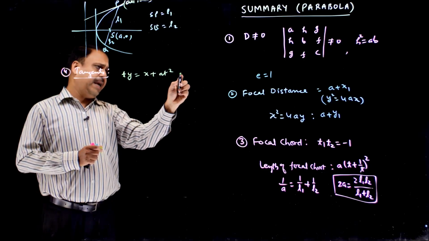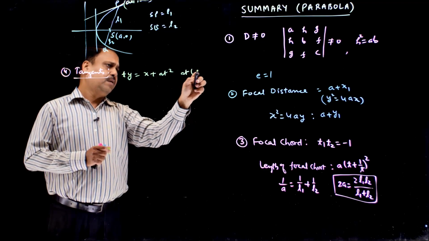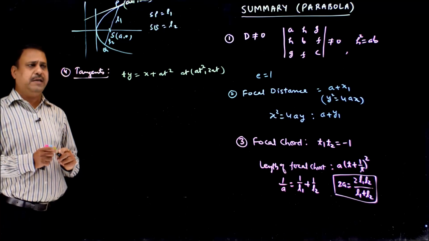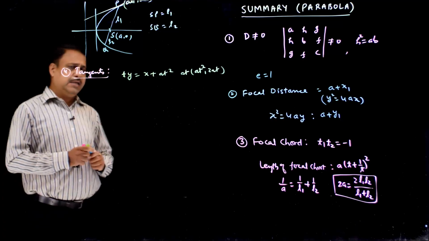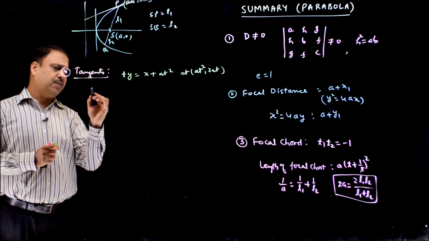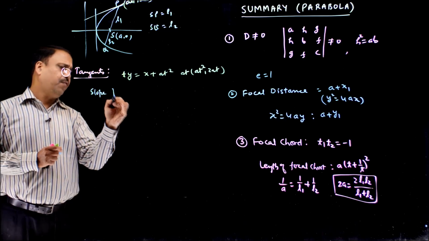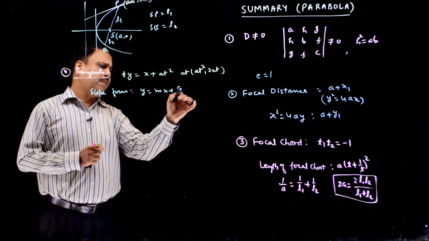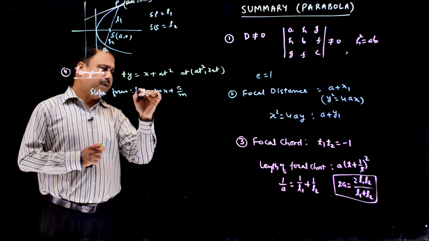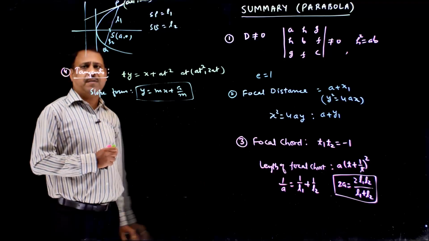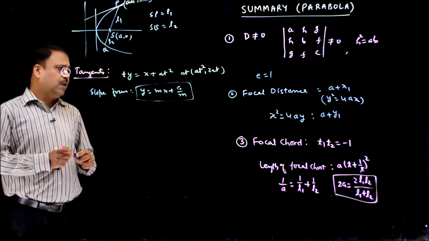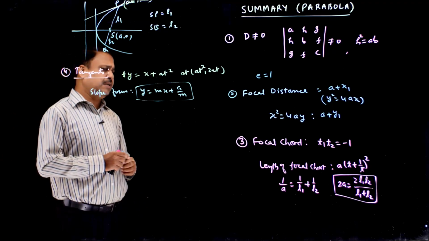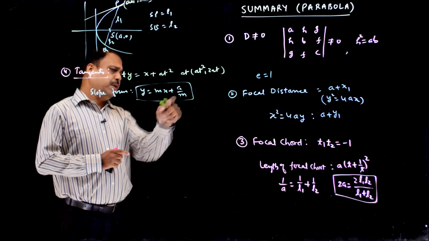This is the tangent at (at square, 2at). Slope form of tangent is also there. If slope is given, the slope form of tangent is y is equal to mx plus a upon m. Remember, this is the tangent for our standard curve, y square is equal to 4ax, where m is the slope of the tangent.